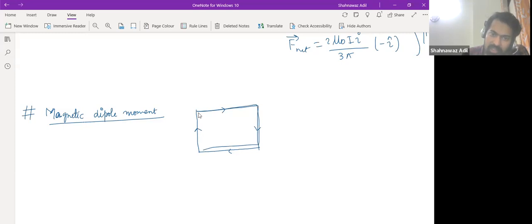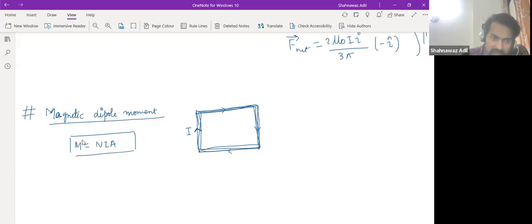So the magnetic dipole moment is defined as N I A, right?